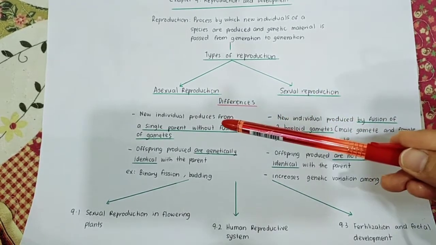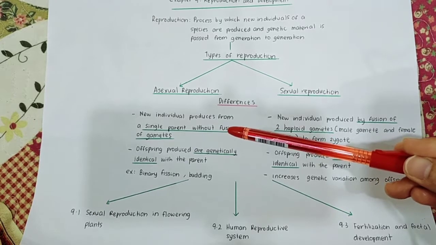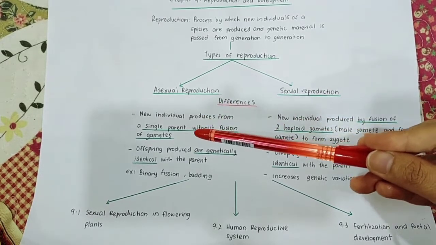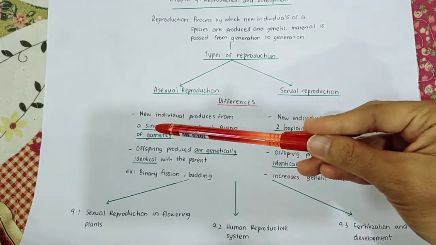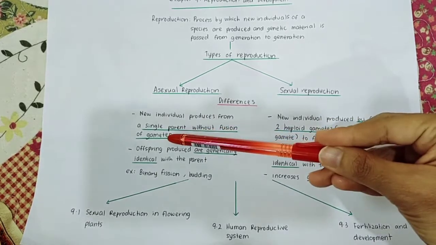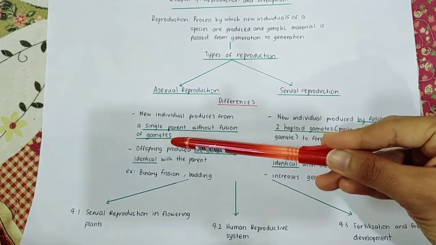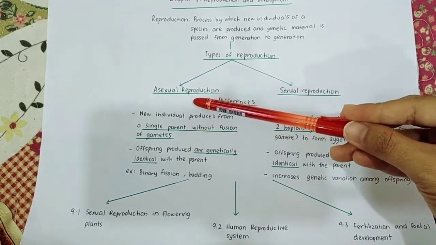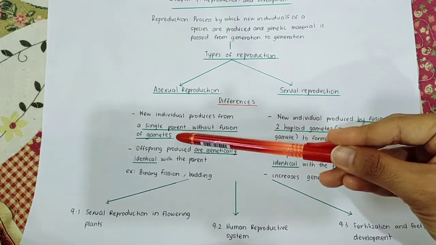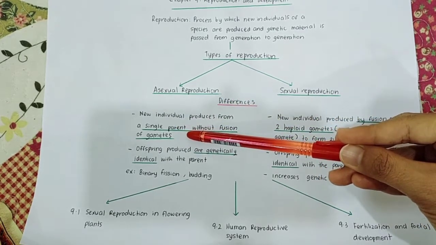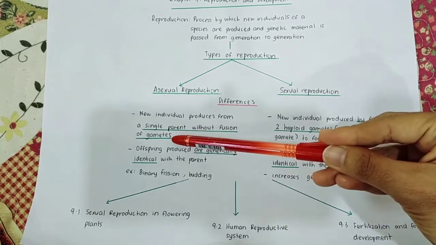Okay, so ada beberapa difference yang awak kena take note. Kita tengok dulu for asexual reproduction. For asexual reproduction, a new individual is produced from a single parent without fusion of gametes. So means that kalau untuk asexual reproduction, it will involve a single parent and it does not involve fusion of gametes.